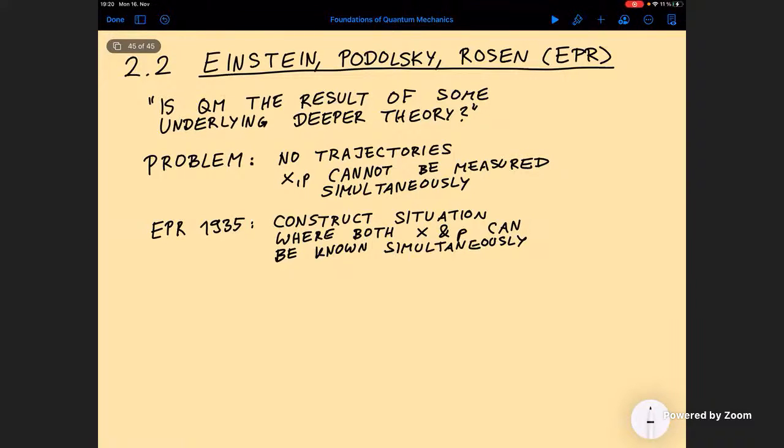So since quantum mechanics never assigns definite values simultaneously to position and momentum at the same time, it seems not to describe these elements of reality, and therefore they would say in their language it is an incomplete theory. So if we can construct such a situation, then x and p could be called elements of reality because we can know both of them simultaneously, at least in principle.